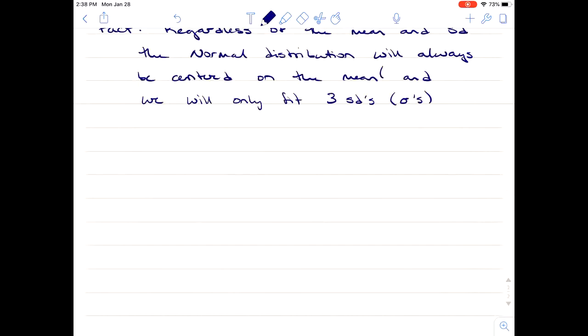And I'll put in here the mean. I'm talking about the population mean. So we'll only fit 3 standard deviations on either side of the mean under the curve.